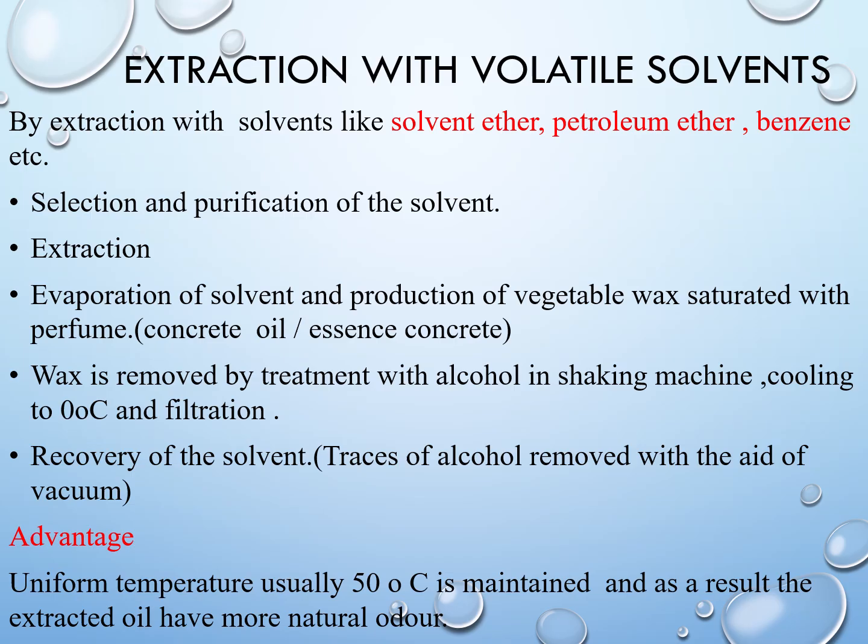Now we have a mixture containing the volatile oil as well as the alcohol, and the alcohol is removed from the volatile oil with the aid of vacuum, and we get the pure volatile oil with natural odor. The advantage of this method is that a uniform temperature of usually 50 degrees Celsius is maintained throughout the process, and as a result we get the volatile oil with a more natural odor.